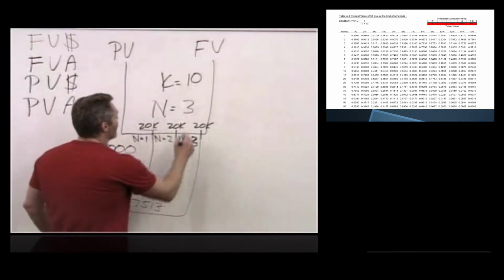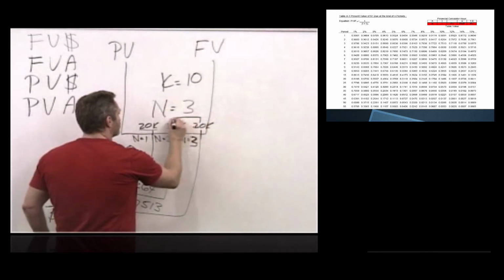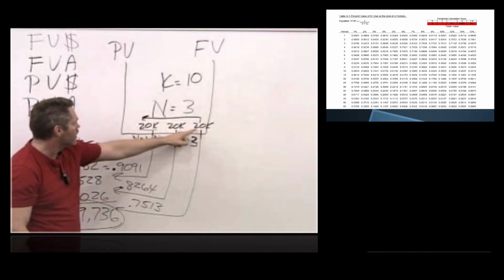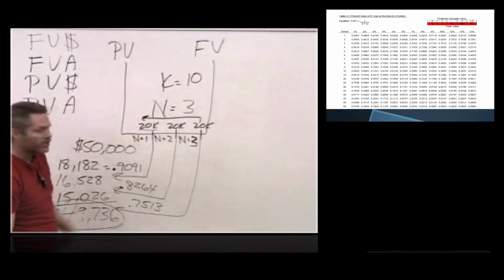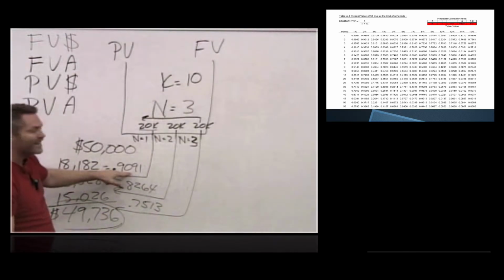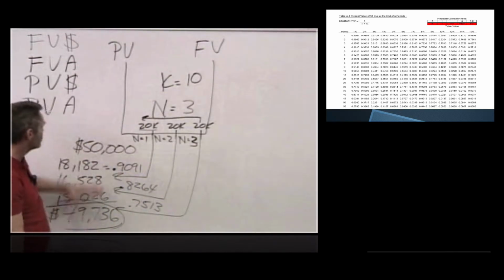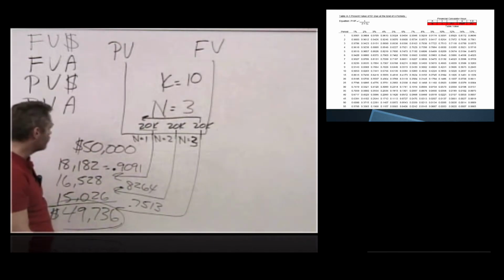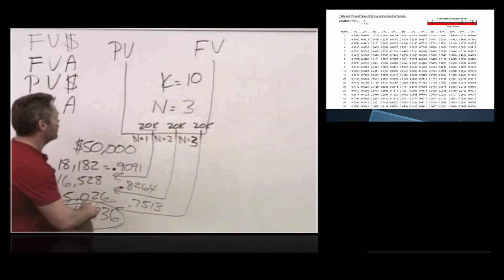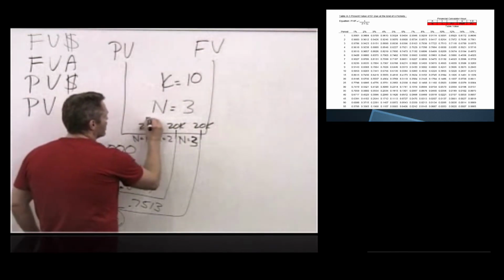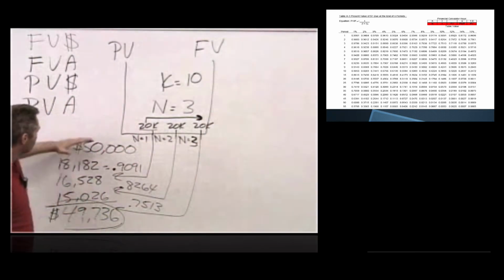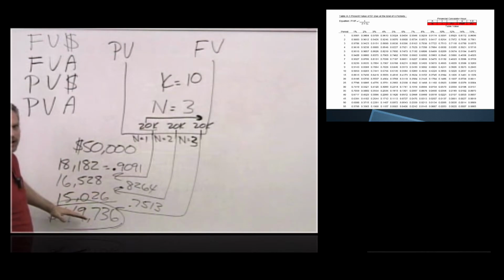If we shift $1,000 from year 3 to year 1, then instead of each dollar being worth 75 cents, those dollars are worth 90 cents, and we will increase the total value of our cash. If we went the opposite way and took money in year 1 and pushed it back to year 3, then we're going to make this set of cash flows less valuable.